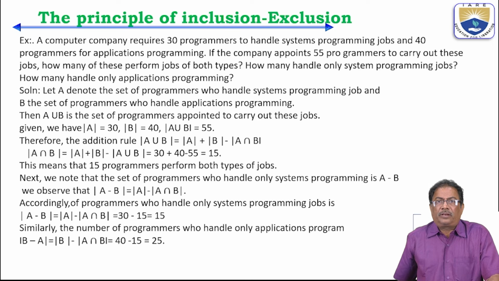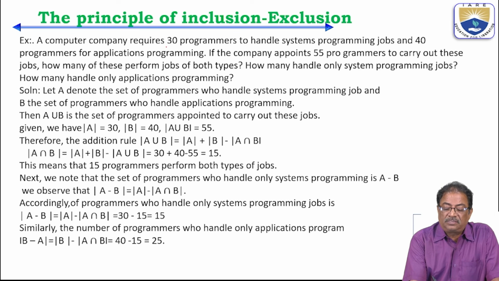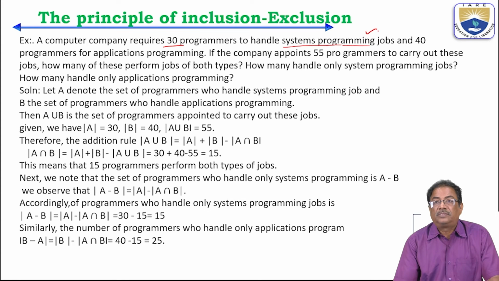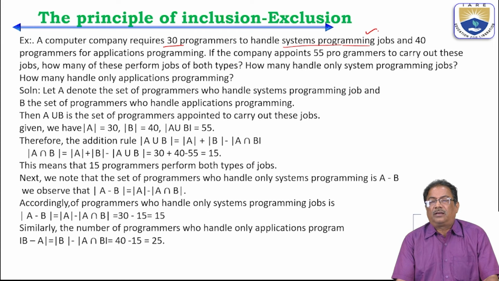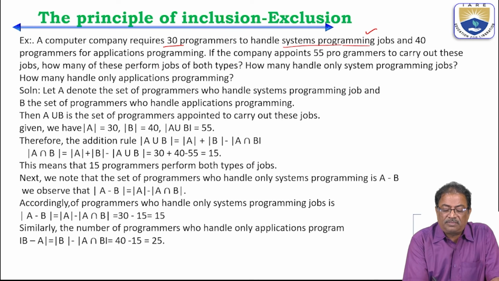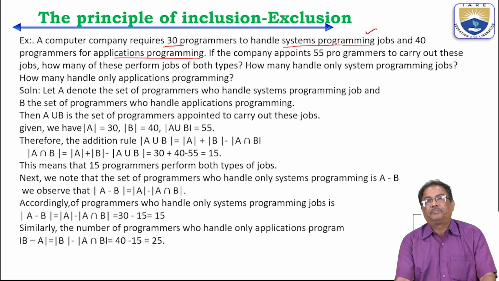Now let us go for an example. A computer company requires 30 programmers to handle system programming jobs. So how many kinds of jobs will be there? There is the system programming job and another one is the application programming job.